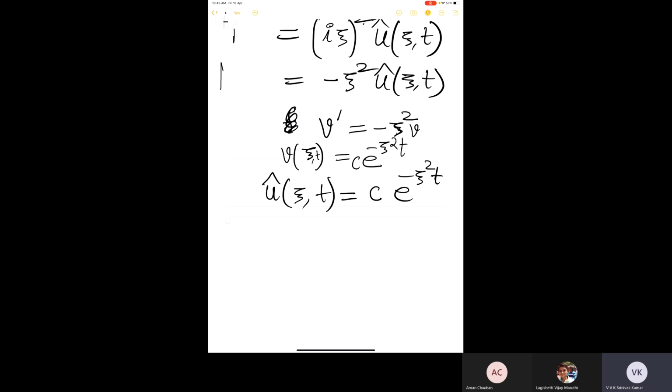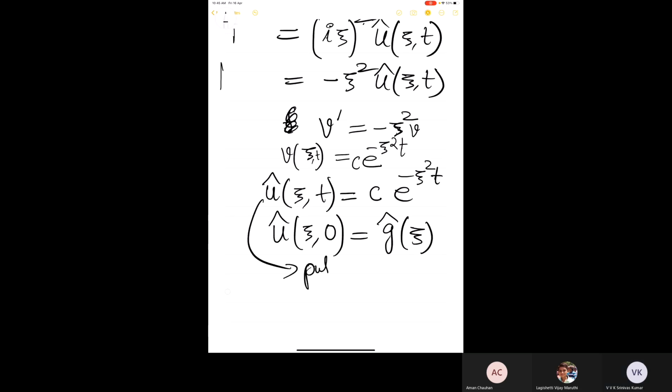Now also take the Fourier transform of the initial condition, that is g cap at xi. So put t equal to 0 in the above, and we get the constant c equal to g cap at xi.